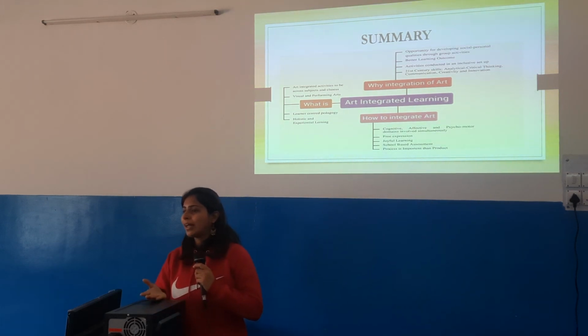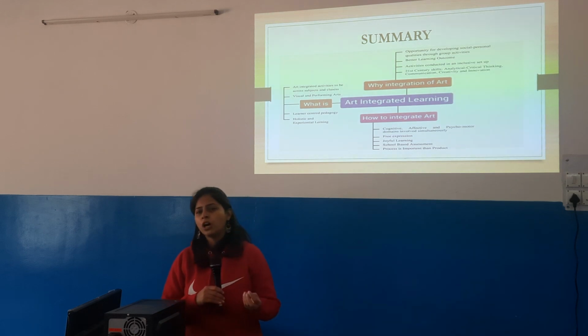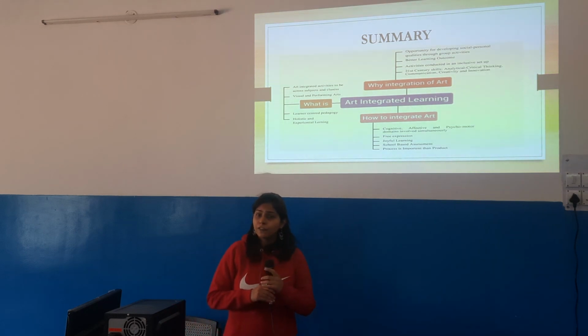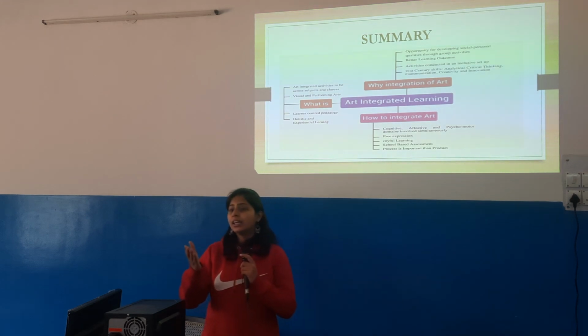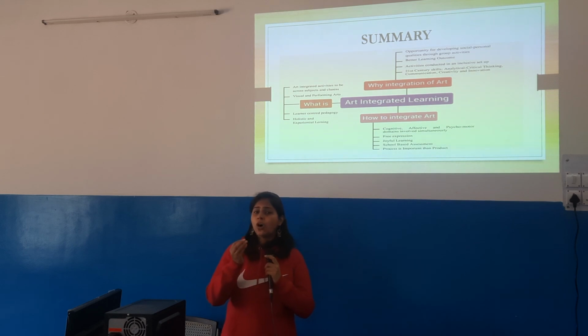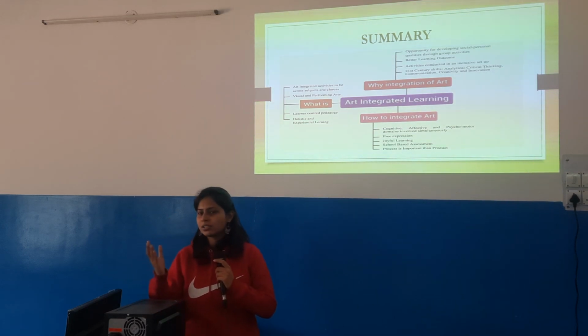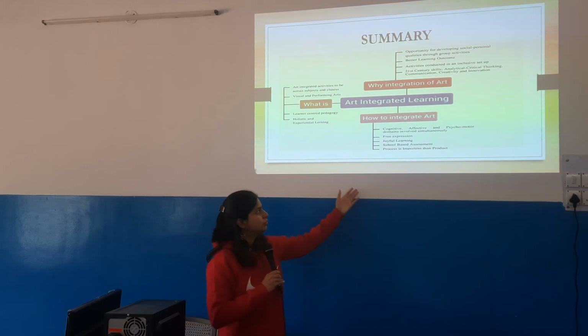Then we moved on to mathematics, science and social science, where we see very fine work of art integration at different levels. Even we saw examples at +2 level, like structures of DNA and RNA drawn so nicely on a shawl or a sari that was beautifully depicted by the students.